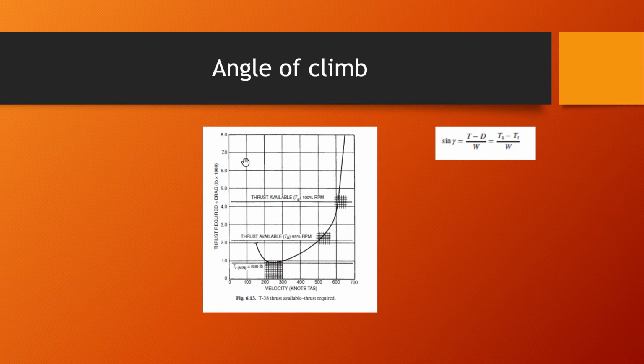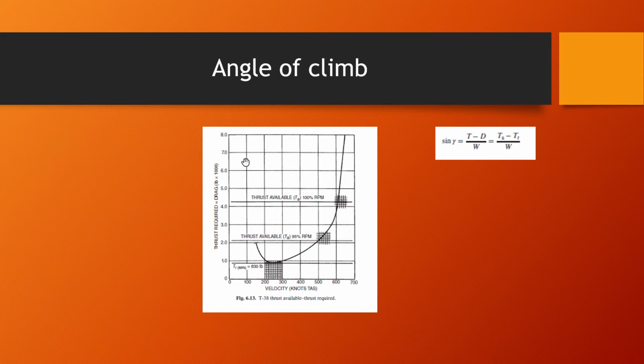As you can see, initially more thrust is required at a lower airspeed, and then it goes down, down, down with velocity to a certain point, and that point is your L/D max, the thrust required point of 830 pounds you see on the graph.